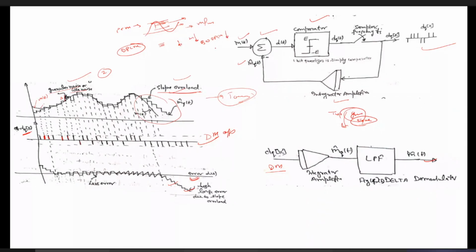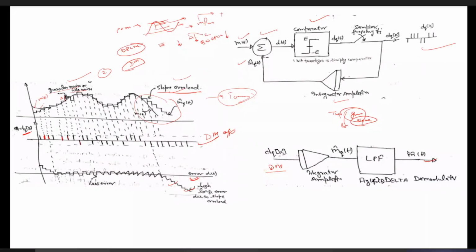Now we have switched to the delta modulation system. Suppose in the case of PCM we take M equal to 4, then in the case of DPCM we may take a smaller M, and the transmission bandwidth reduces.